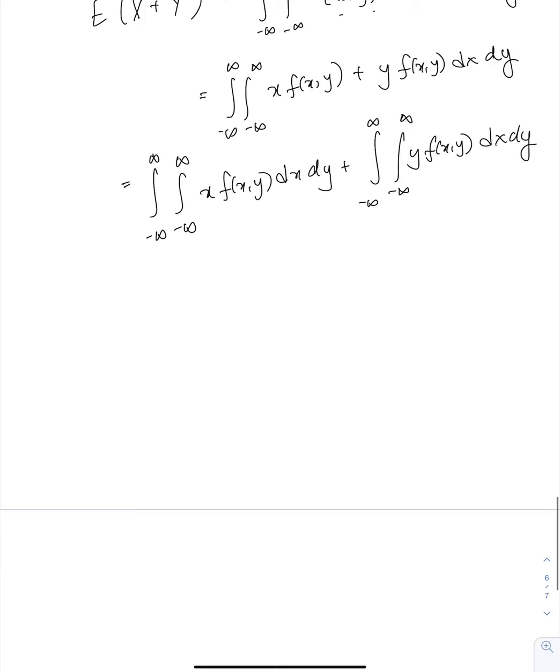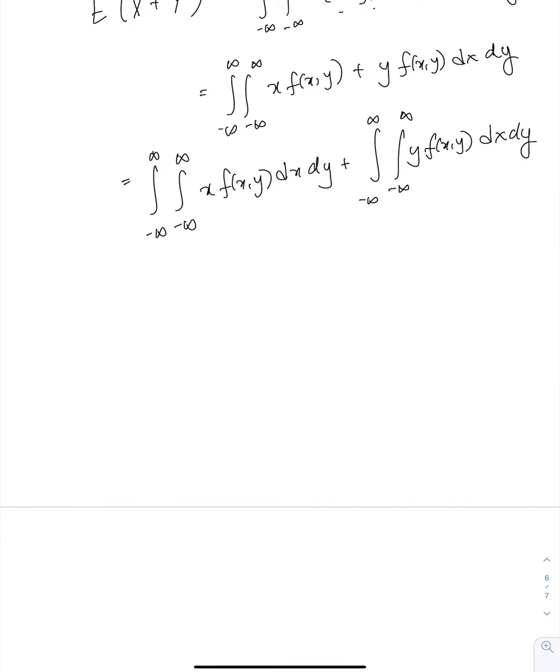Okay. And now take a look. What is this? Here you have x times f of x, y, dx dy, and here you have y times f of x, y, dx dy. You know what I'm going to do over here is I'm going to switch the order of integration in the first one, okay? Switch order.